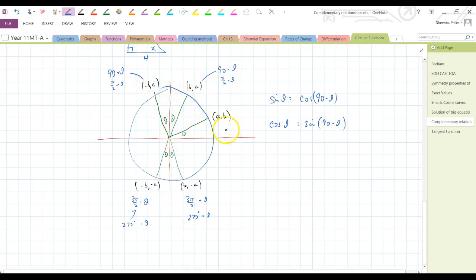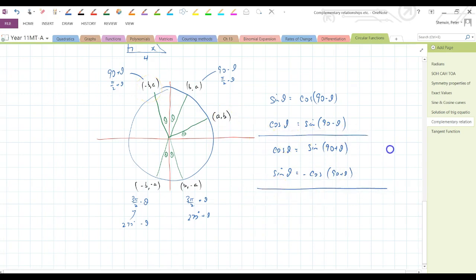What happens there is cos theta, which is A, matches up with sine of 90 plus theta, which is also A. Now let's check what about sine theta, which is B, goes to minus cos of 90 plus theta, because it goes from B to minus B. Okay, so they're the 90 plus results.